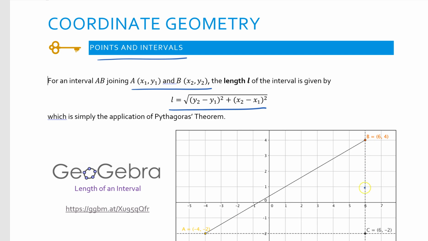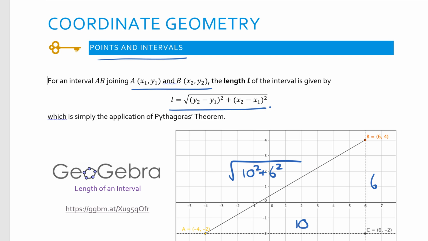And the difference in the y values, we're going from 4 to -2, so that's a distance of 6. So we simply have a right angle triangle whose sides are 10 and 6. So of course the length of this side is the square root of 10 squared plus 6 squared, just by Pythagoras. So this formula up here in a way is redundant.